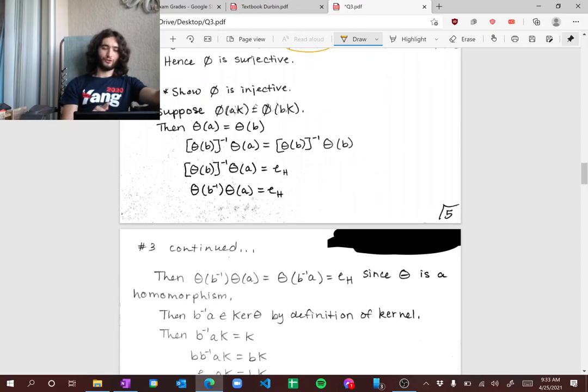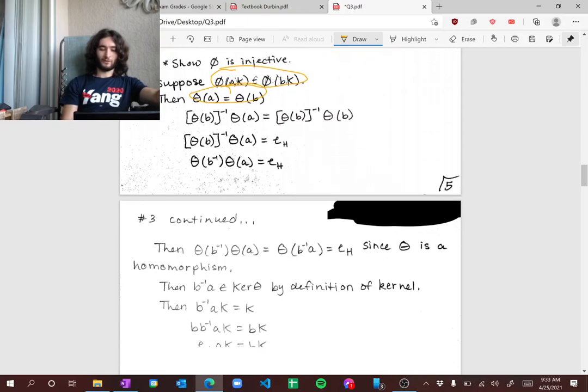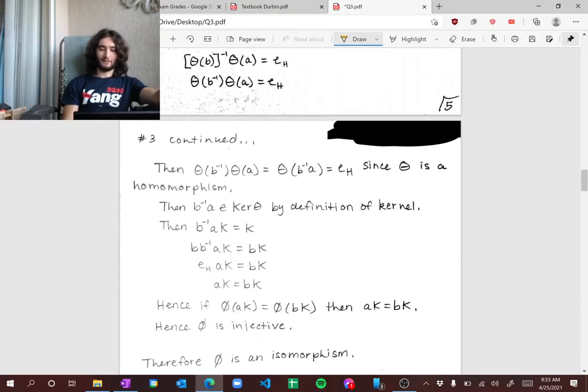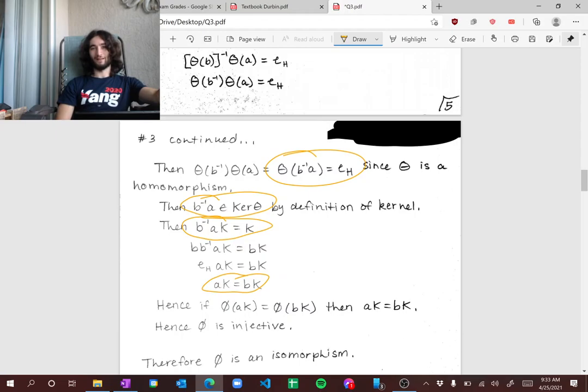And then finally, show that it's injective. So if two cosets have the same image, well, then the two cosets must have actually been the same. So let's see. If they have the same image, if these are equal, well, then you run the same trick as before, and it means that theta of B inverse A is the identity, which means B inverse A is in the kernel, which means B inverse AK is equal to K, which means AK is equal to BK.